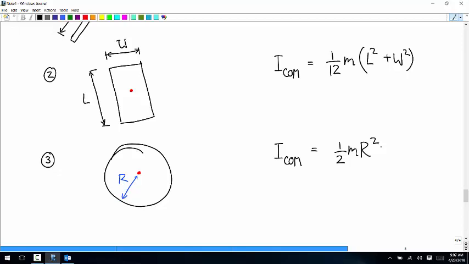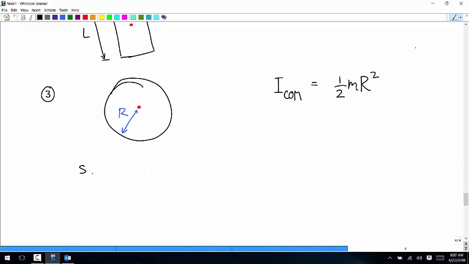Oh yeah, good question. Well, you can get the units from the formula. It's kilogram meters squared. That would be the SI units. It's always going to have units of mass times length squared.